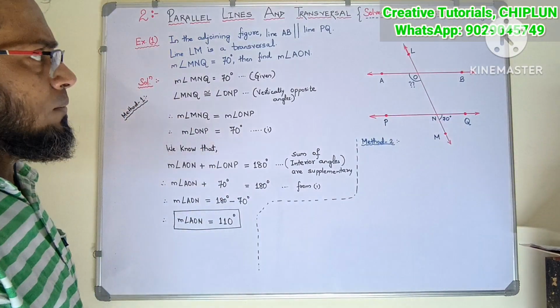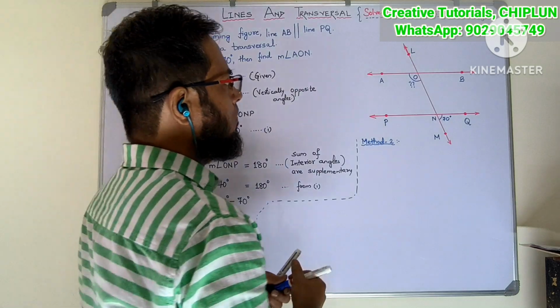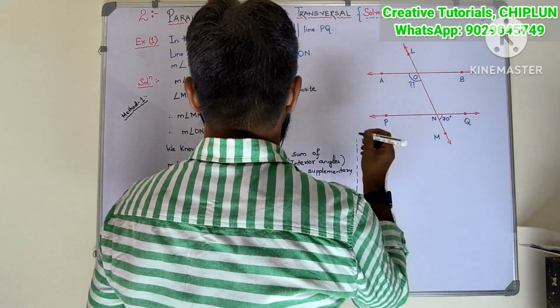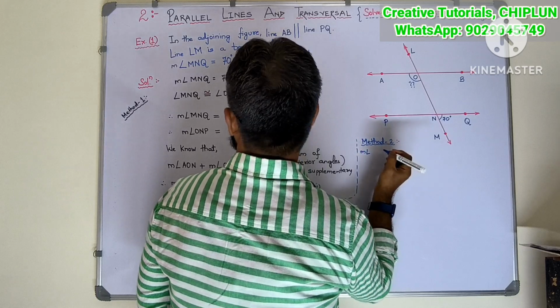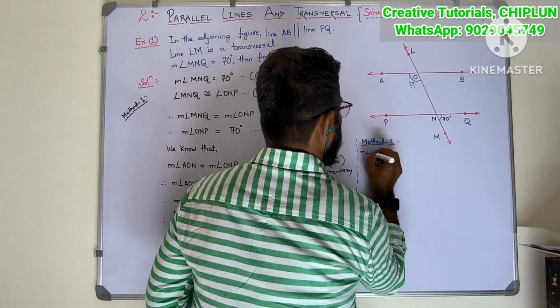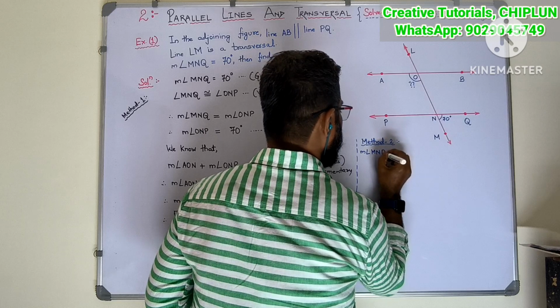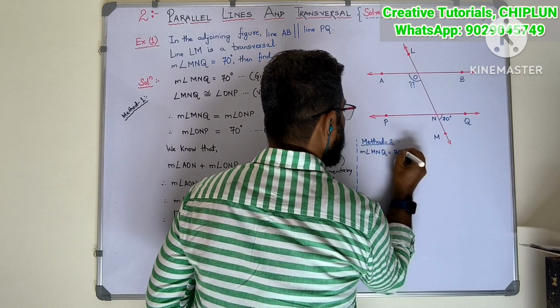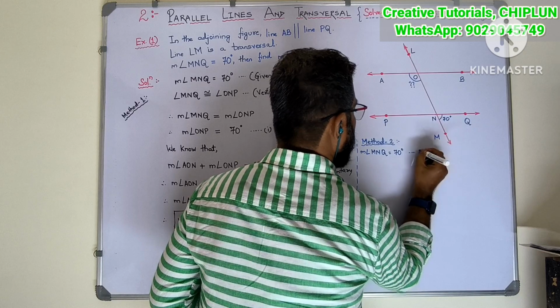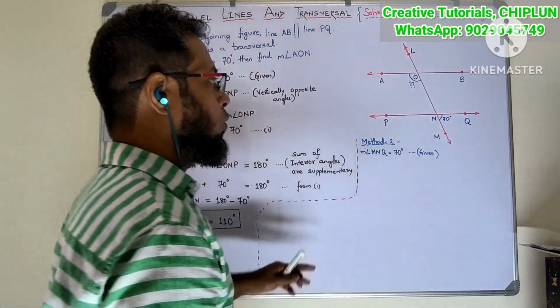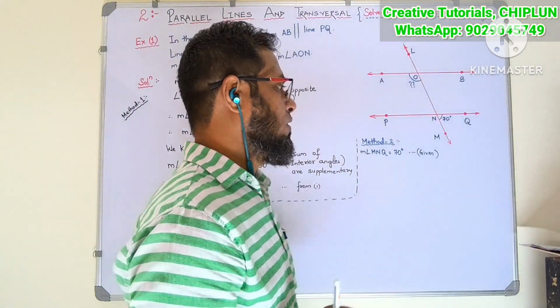Now you see, I will write that measure angle MNQ is equal to 70 degrees. This is given to us, correct? MNQ is 70 degrees. This is being given to us.